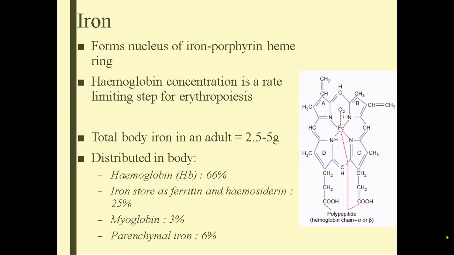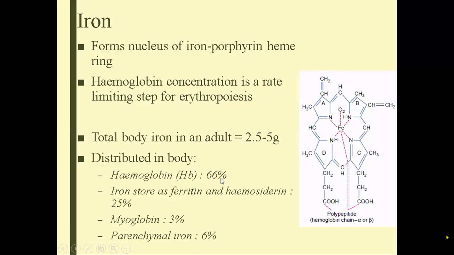So total body iron in an adult. I don't know how much you have covered in your biochemistry. This will be a bit of repetition if you have already finished it in your biochem, right? So yes, 2.5 to 5 gram is the total body iron, right? Out of which, this is the distribution of the iron, right?